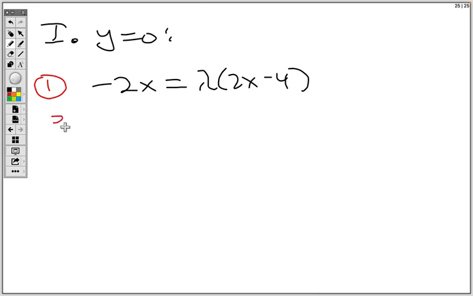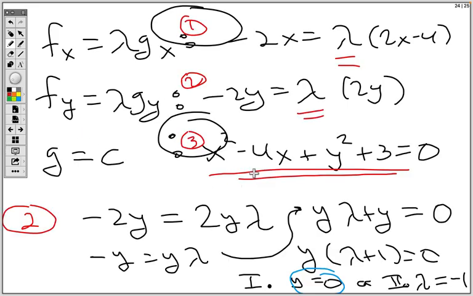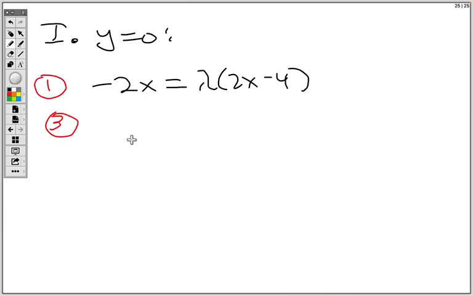But equation 3 now is going to be a lot easier. When you plug this in here, look what you get: x squared minus 4x plus 3 is 0. There it is. So now equation 3 has just x in it.